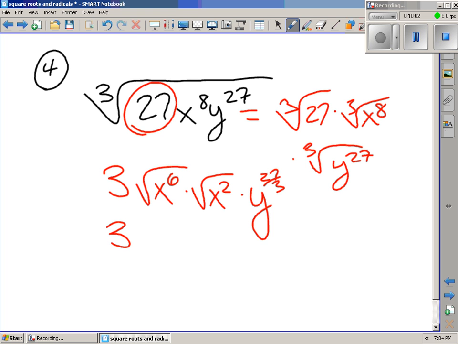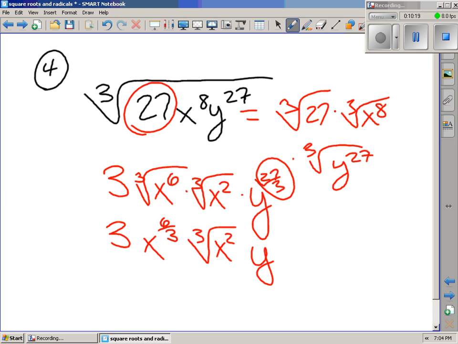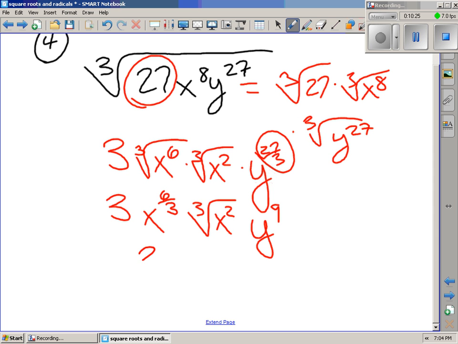Next, I'm going to take this x to the 6 and give it, I should have had 3's here all along. I'm going to give it the root of 3, and then I'm going to give 27 divided by 3. I'm just going to make that 9 now. And then in the next step, I can simplify 6 divided by 3 to 2.